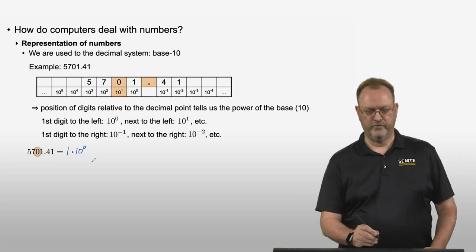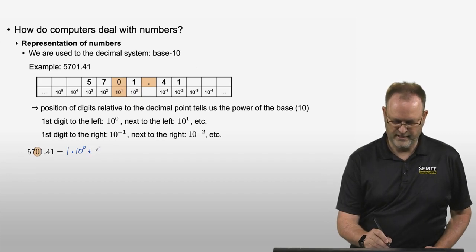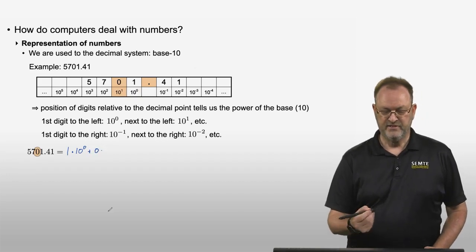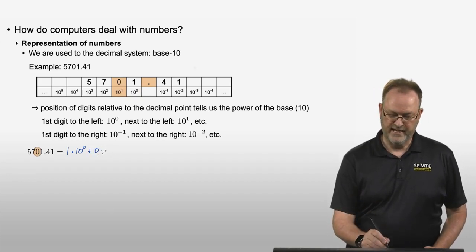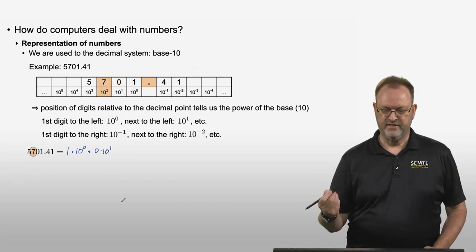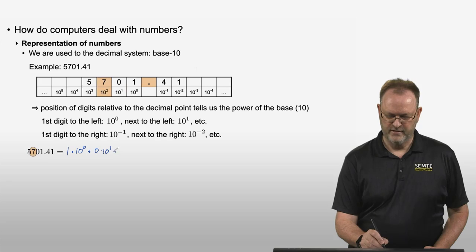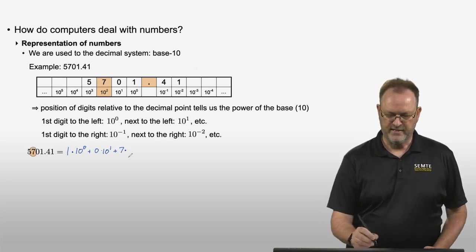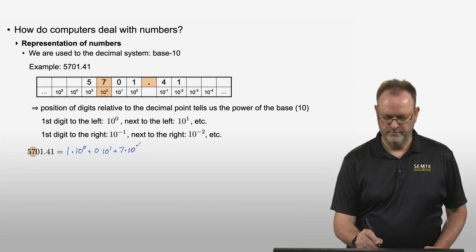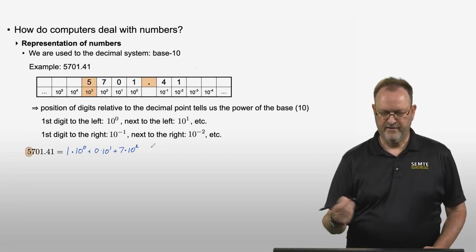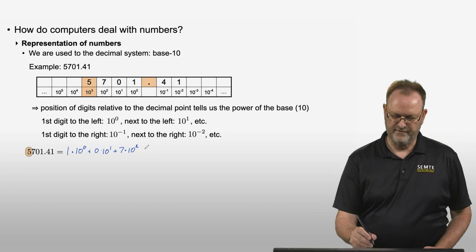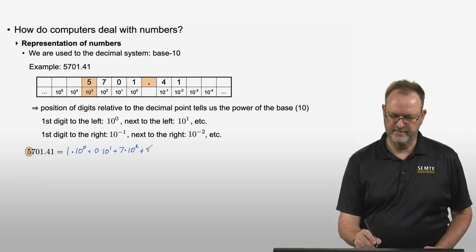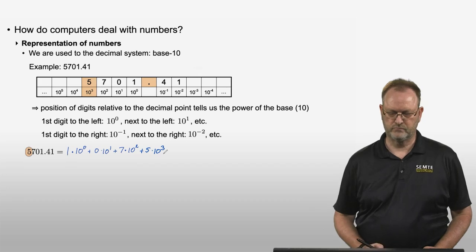The next digit over is a 0, so plus 0 times 10 to the power 1. The next digit over is a 7, so plus 7 times 10 to the power 2. And then we have the last digit to the left, that is a 5, so this would be plus 5 times 10 to the power 3.